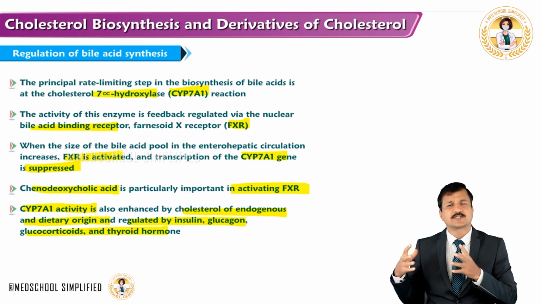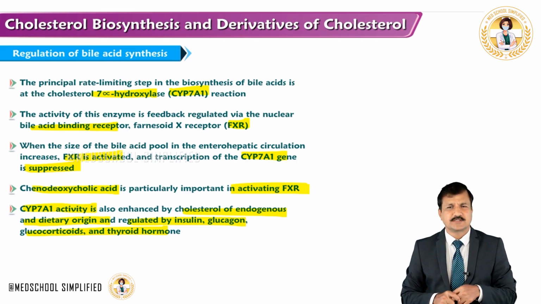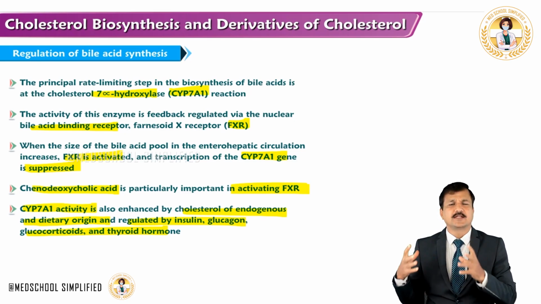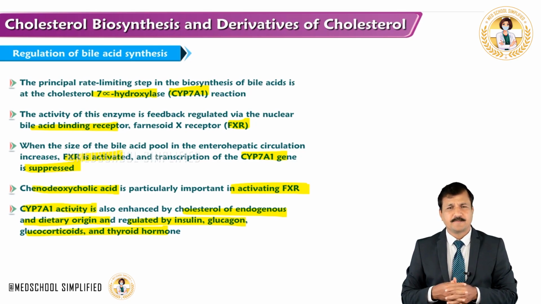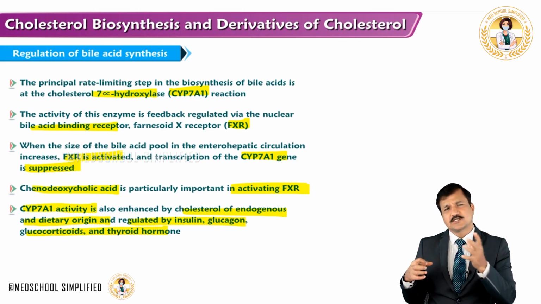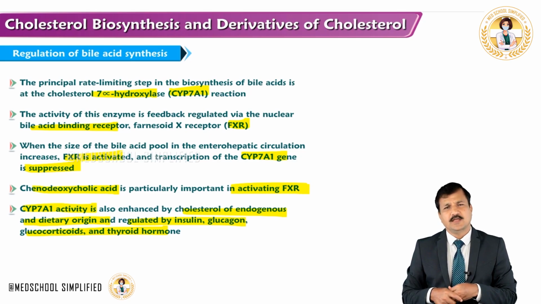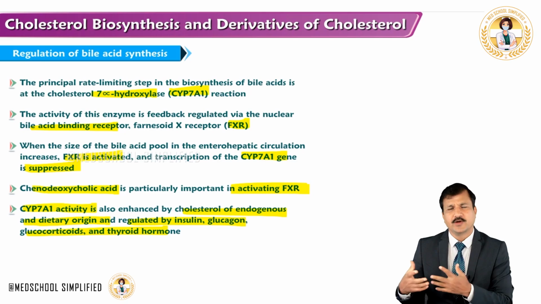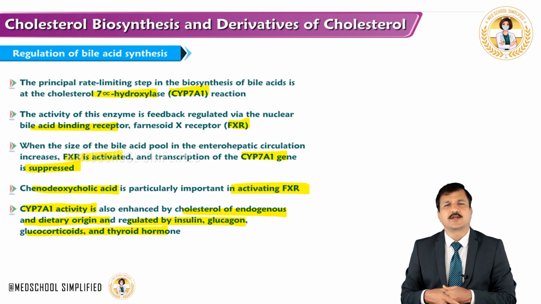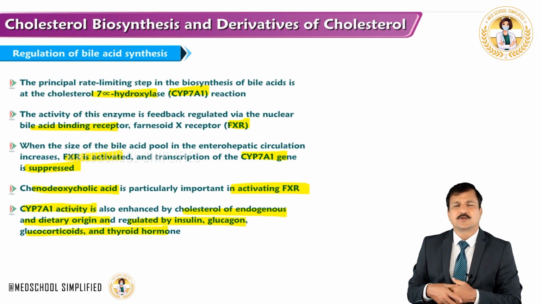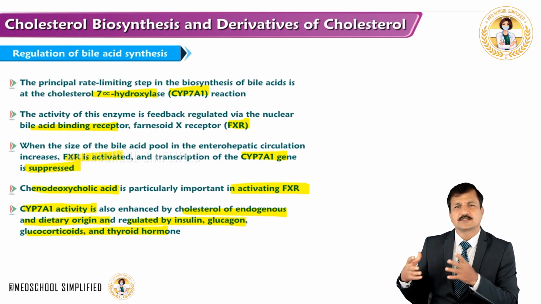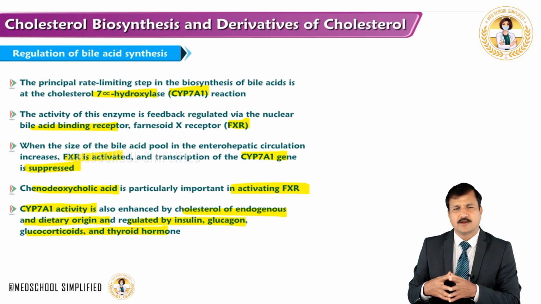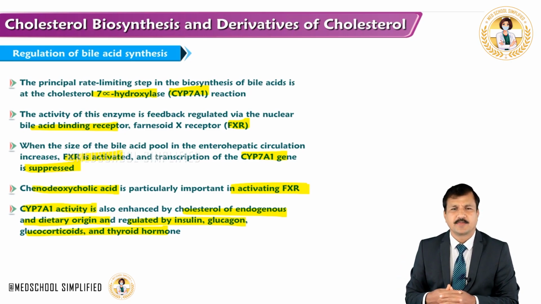Only around 5% of the bile acid is lost in the feces, and within that, lithocholic acid is the predominant one. And the excess cholesterol which is lost out of the liver, entering into the biliary secretion and going into the intestine, can be converted into coprostanol, and that is done by the bacteria in the colon, and that's how it gets out of the body.